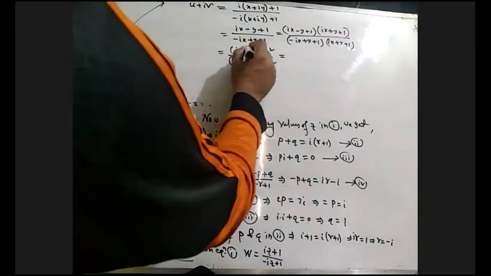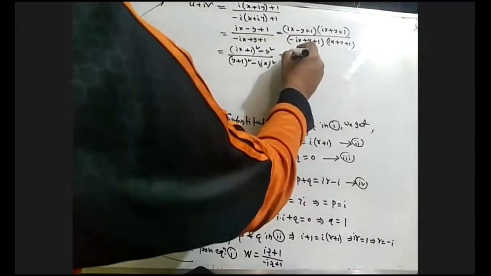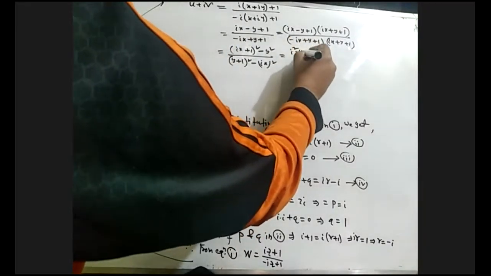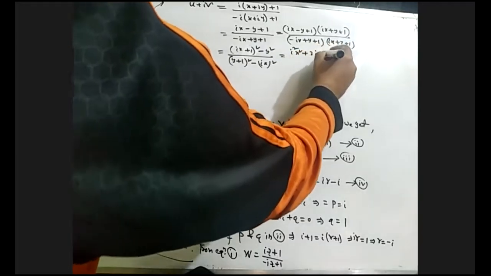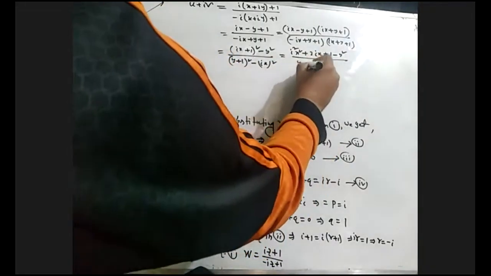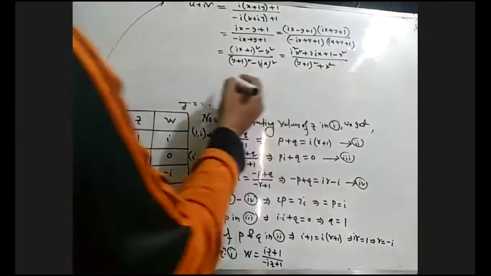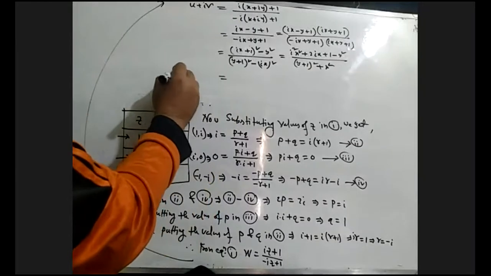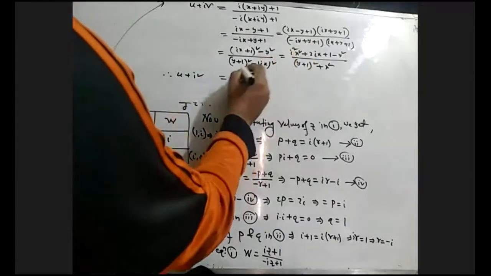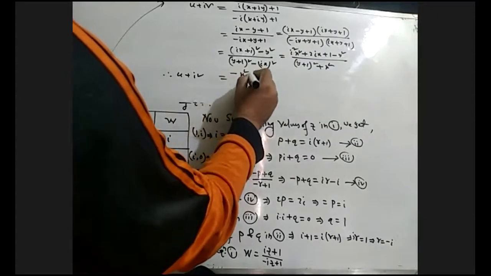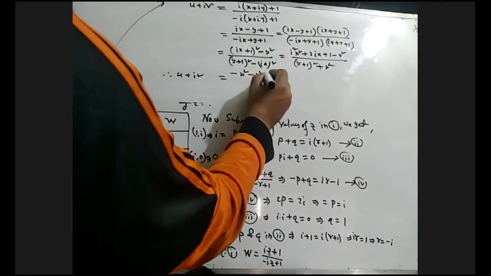Now from here, using the a plus b whole square formula, i square x square plus 2ix plus 1 minus y square, divided by (y plus 1) whole square plus x square. So u plus iv equals, we got what? i square means minus 1, so minus x square minus y square.